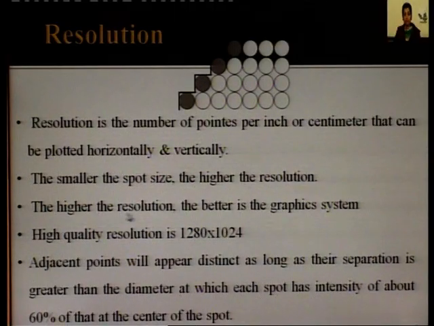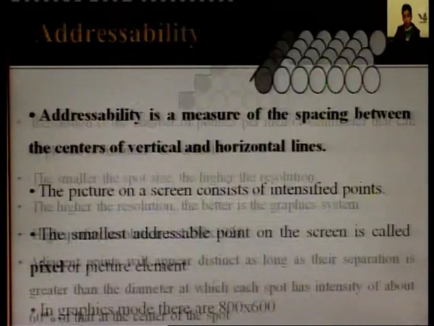The higher the resolution, the better the graphic system. Adjacent points will appear distinct as long as their separation is greater than the diameter at which each spot has intensity of about 60% of that at the center of the spot.